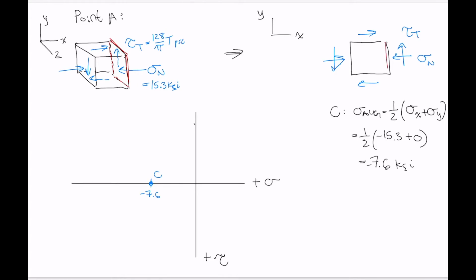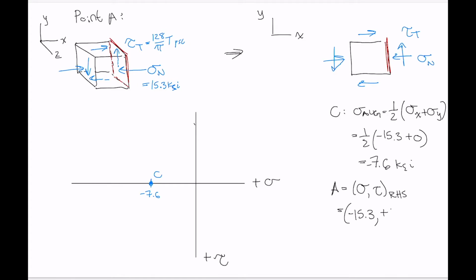Next thing we plot is the stresses on the right-hand side, which give us point A, our reference point. So A given by sigma comma tau for the element's right-hand side, which in this case is the normal stress. Again, remember it's negative because it's compressive. And then our shear stress is upwards on the right-hand side, so that's a positive shear stress.